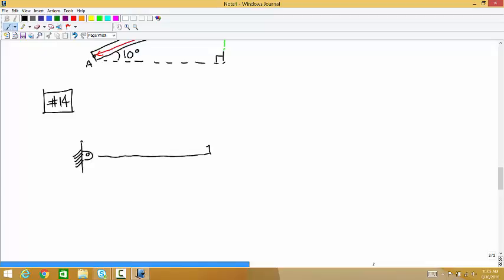we have the beam. 14. Okay, and then the cable goes from here to here, and it gives coordinates of those 2 points, right? 1, 1 and 4, 2. So this is 1, 1, this is 4, 2.